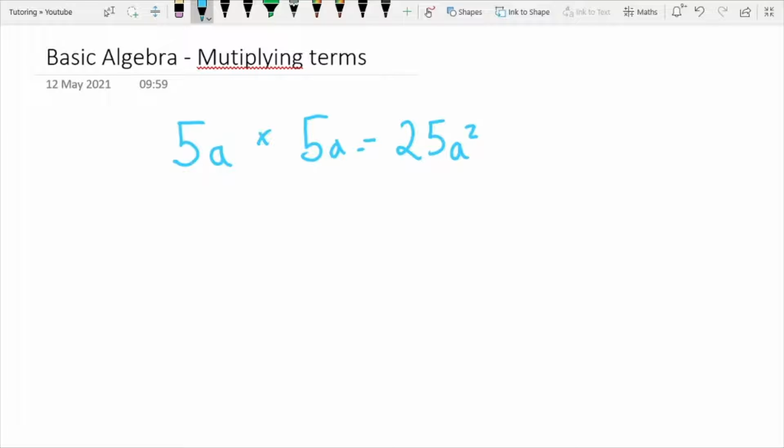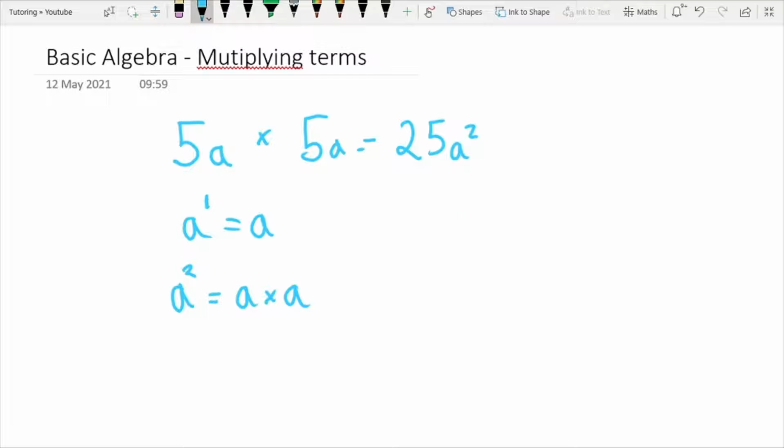So say we have a to the first. This is called the base. The letter a is the base, and the number is the exponent. So a to the first is a. A squared is equal to a times a.